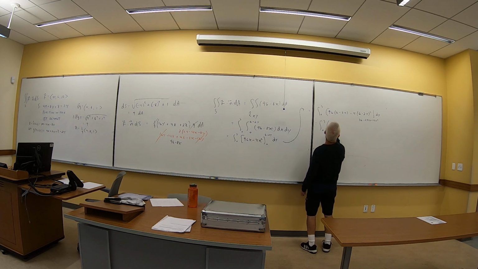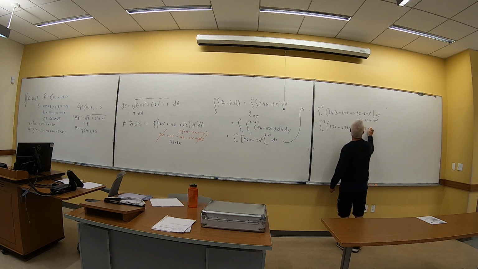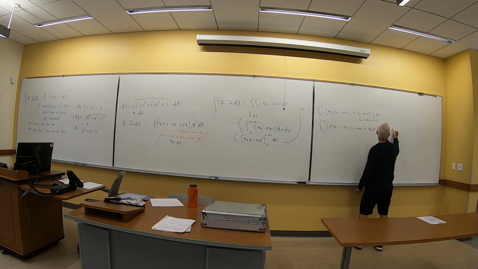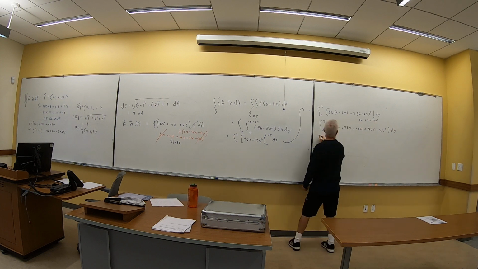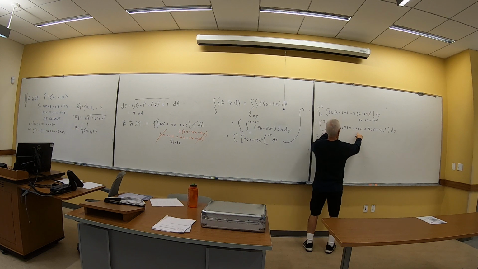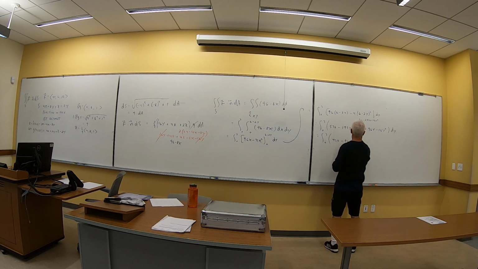So what do we got here? So what, 576 minus 192y minus 144 plus 96y minus 16y squared. And in the end, it's 432 minus 96y minus 16y squared.